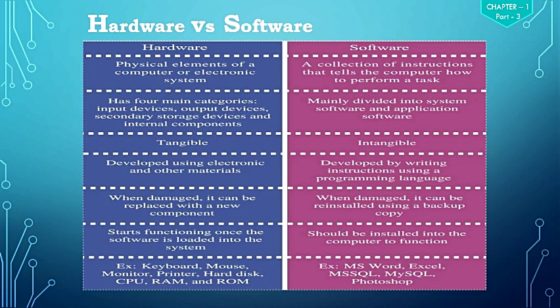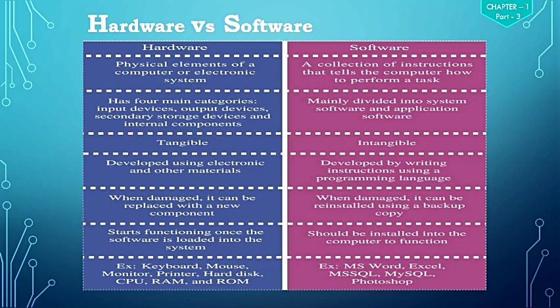Software should be installed into the computer to function. If the software is not installed in the computer, we cannot use that software. Examples of hardware are keyboard, mouse, monitor, printer, hard disk, CPU, RAM, ROM, etc. Similarly, examples of software are Microsoft Word, Excel, MS SQL, MySQL, Photoshop, etc.